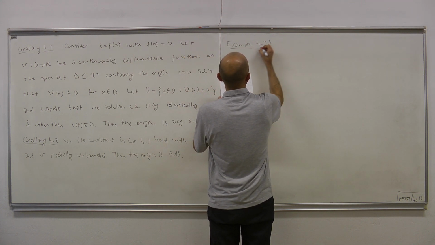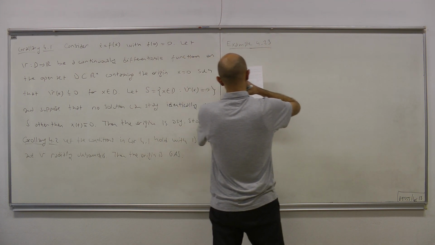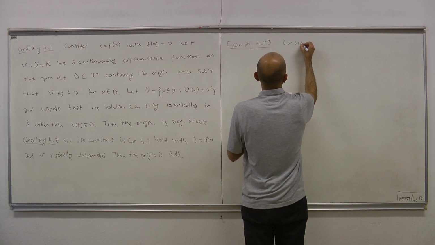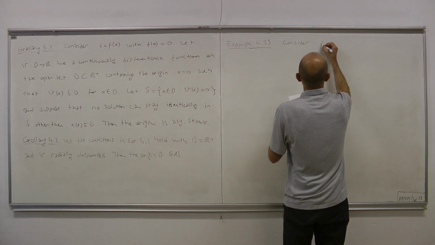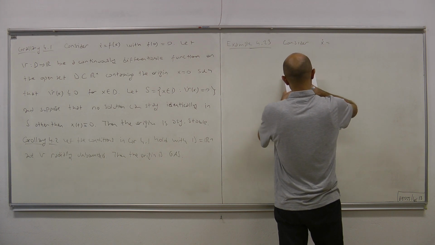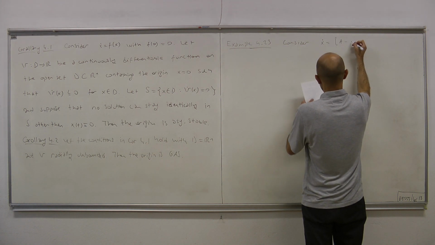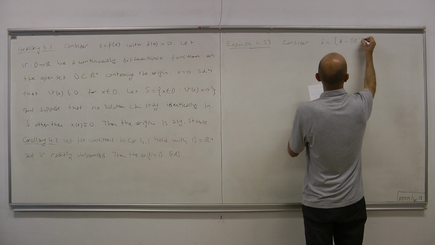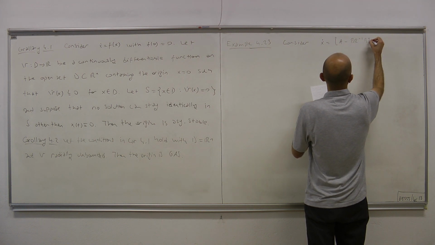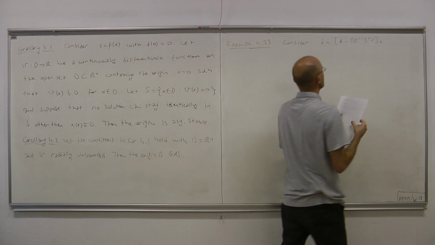This is from the book, example 4.23. Consider the LTI system x dot equals (A minus B R inverse B transpose P) x.